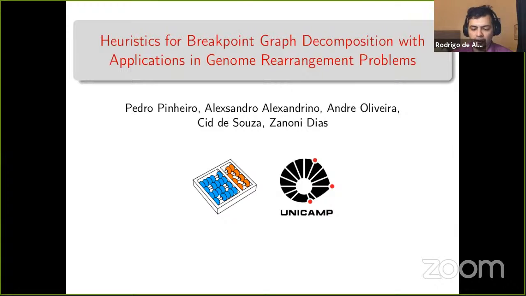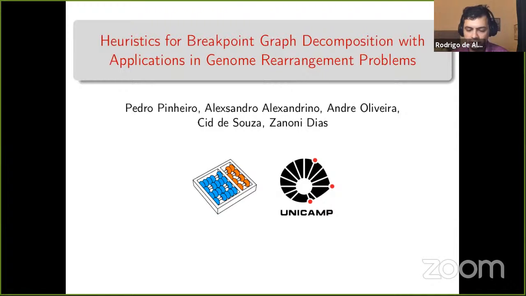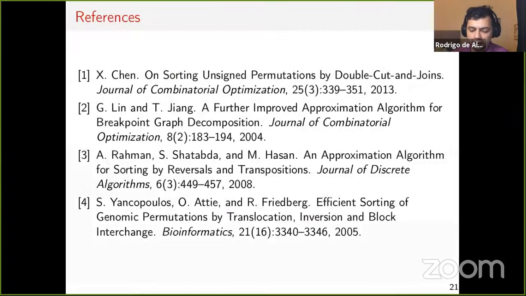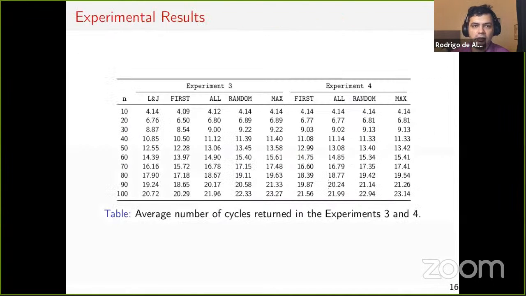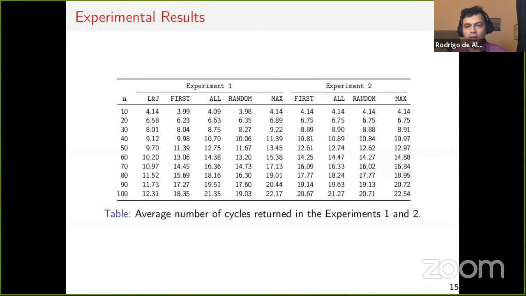In your results, you show the average number of cycles returned by the experiments. Can you go back to the slide? The average number of cycles is in those two tables. Yeah. Which is impressive, because you almost double the cycles when compared to the approximation algorithm.